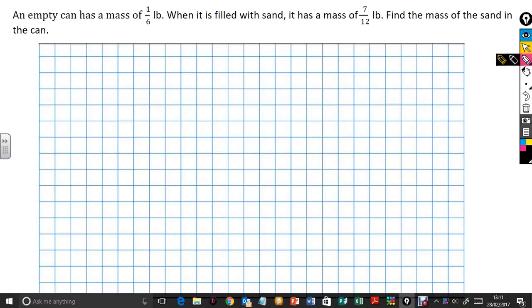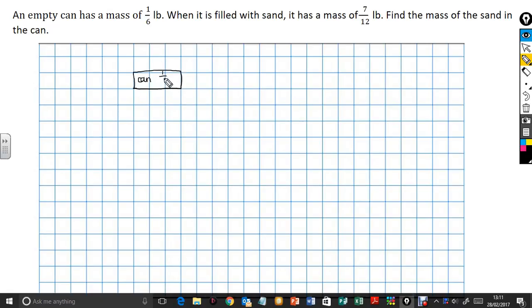Okay, let's have a look then. My pencil is up and running. I think the best thing to do is to draw a model. Imagine this block is going to represent the weight of the can, which we know is 1/6 of a pound.